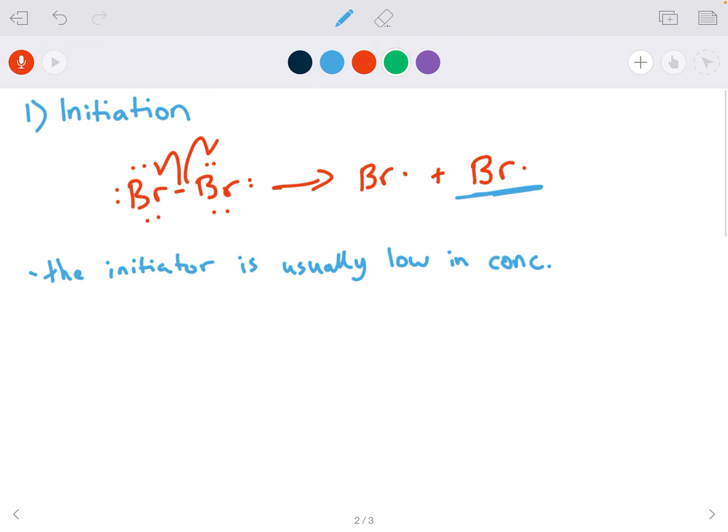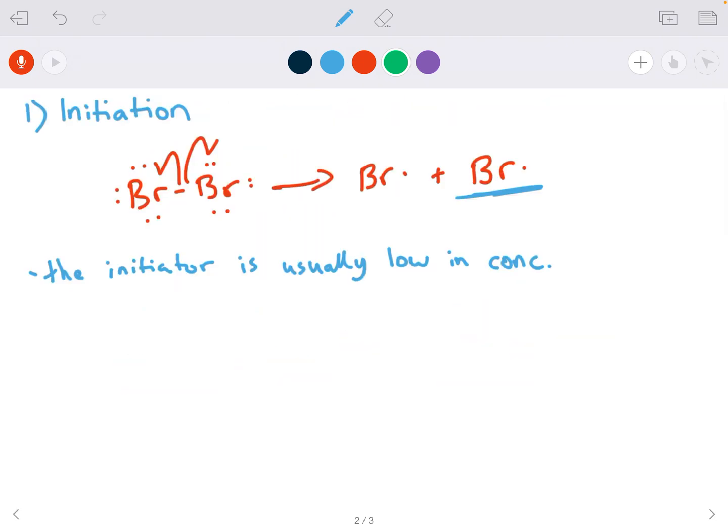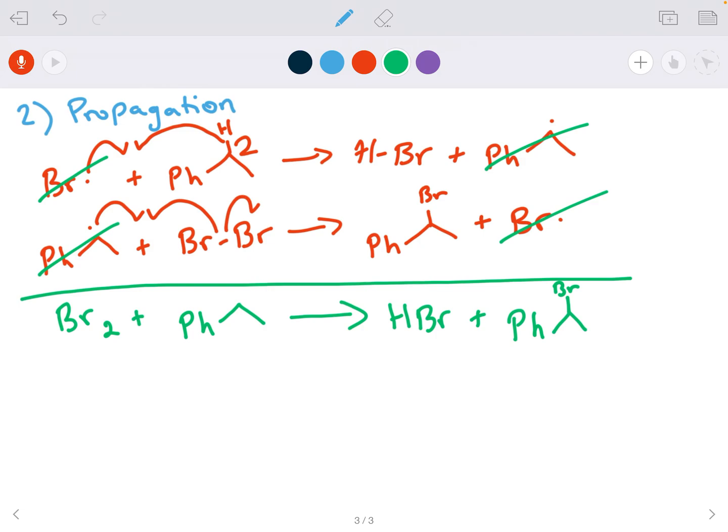So it's the net reaction that we saw initially. In the propagation phase, your intermediates will cross out, and you'll be left with the net reaction when you sum it up. That means you know you did the propagation steps correctly if everything is crossed out.